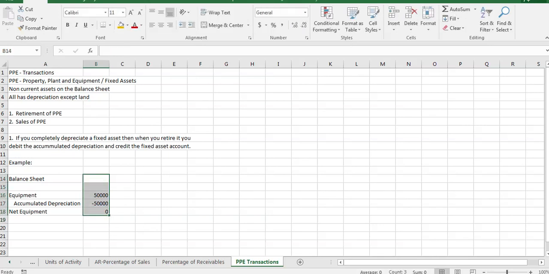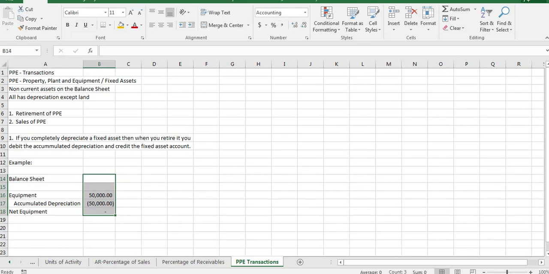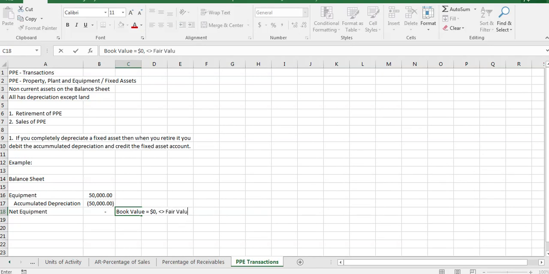Remember, when you are working with equipment, what you're getting on the balance sheet is the book value. It is a calculation, so it is not the fair value. So let me place that in. The book value is 0, but it is not necessarily the same as the fair value.